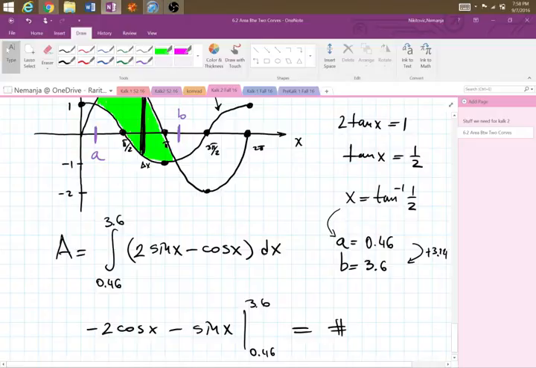Because the integral of sine is negative cosine, and the integral of cosine is positive sine, and I just copy the minus. Right. All good.